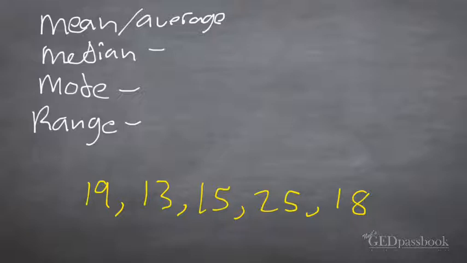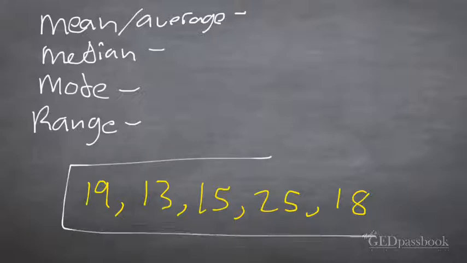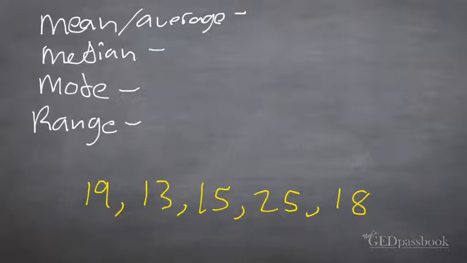So now, how do you find the mean or average? Well, when you're given your row of numbers, all you have to do is add all of them. You add it all, and then that total amount that you get, you then divide by the amount of numbers there are.